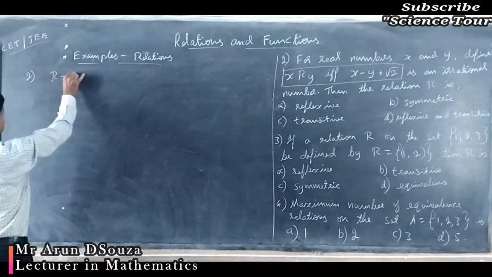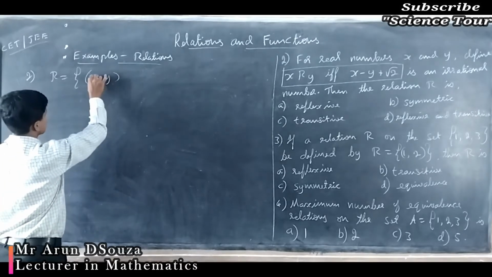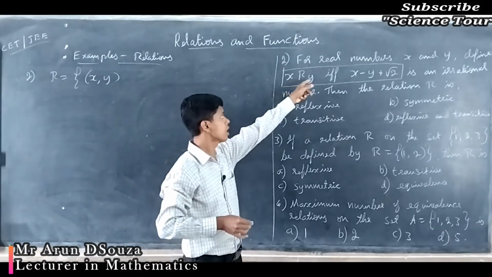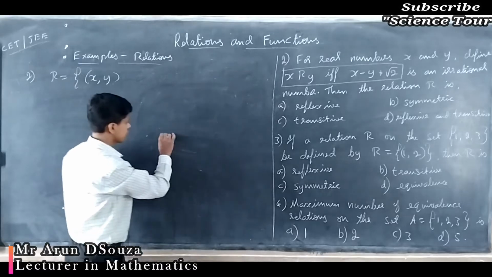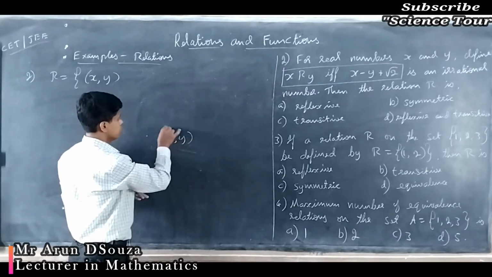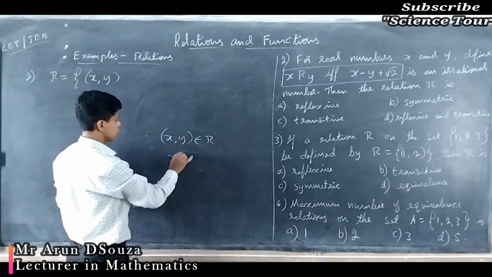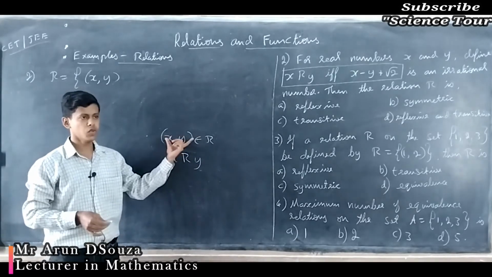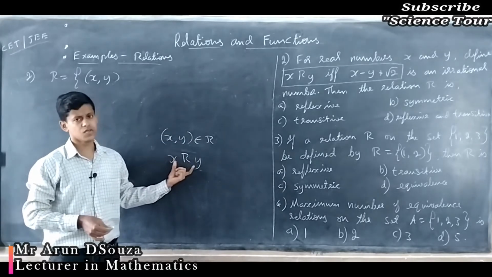In the set builder method, you write the set of all x comma y, that means x is related to y. So x is related to y, that means (x, y) belongs to R. You remember this connection? I told you when I explained the relation. So you can represent either way.